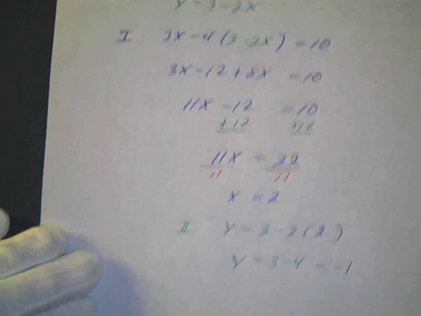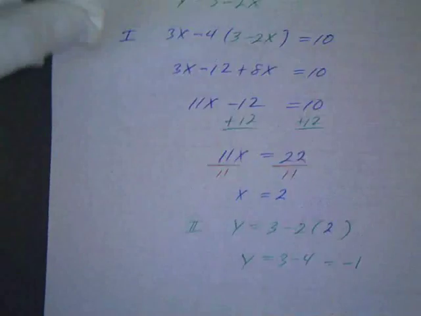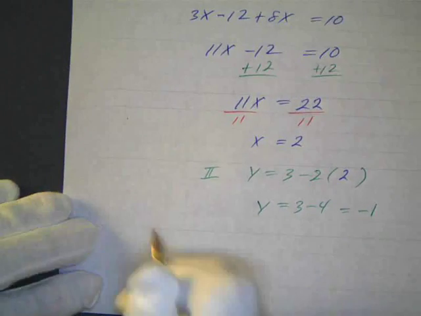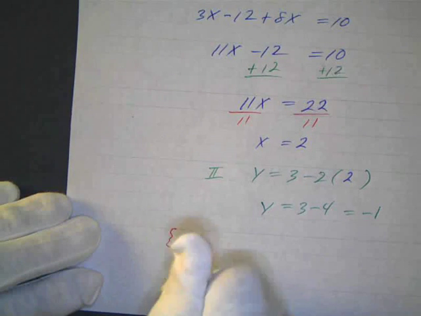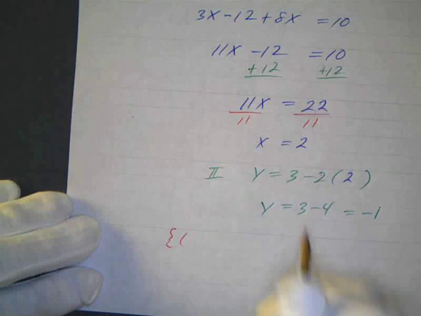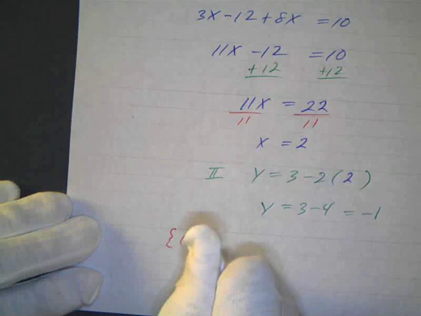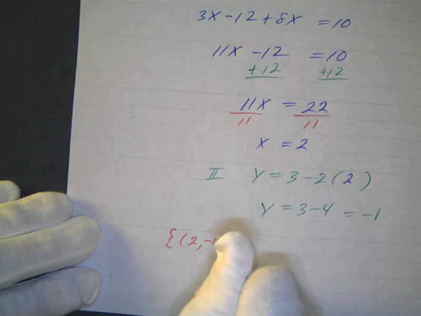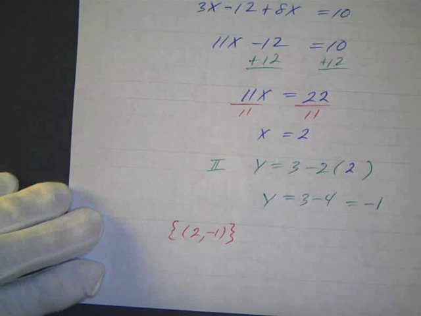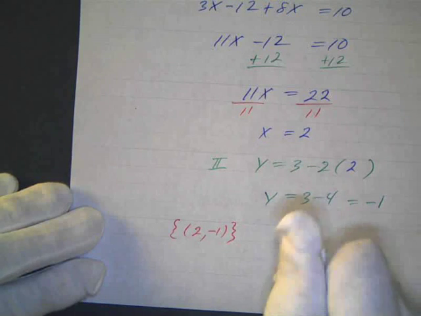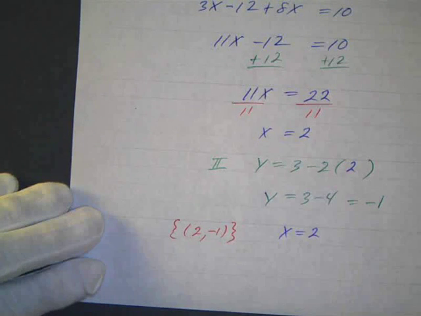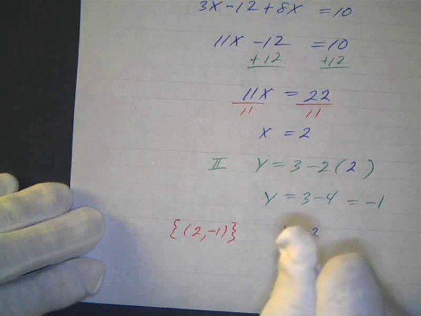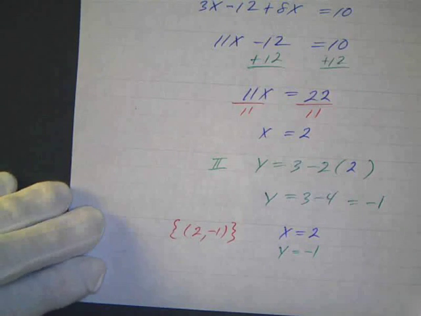So there's my solution, and I could write it as a point because it's a value that satisfies both of these. So sometimes we can write the solution as a solution set, and that point is (2, negative 1). Or we could write it just as x equals 2 and y equals negative 1.